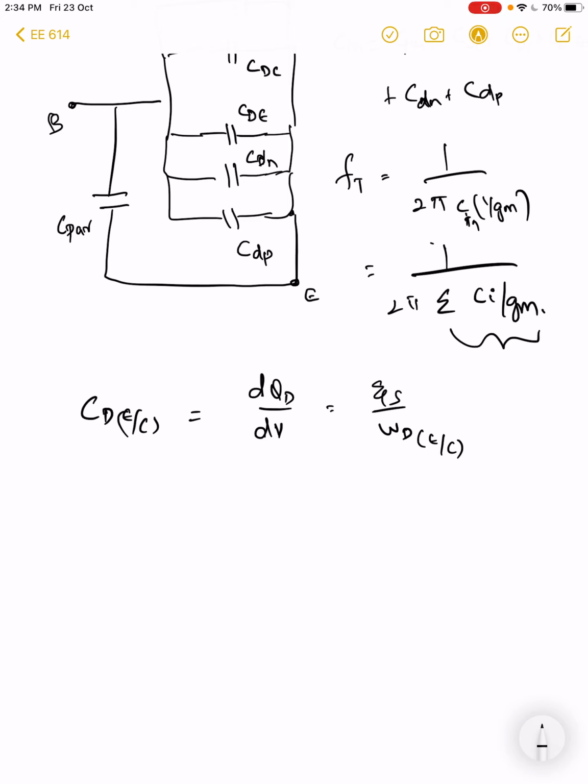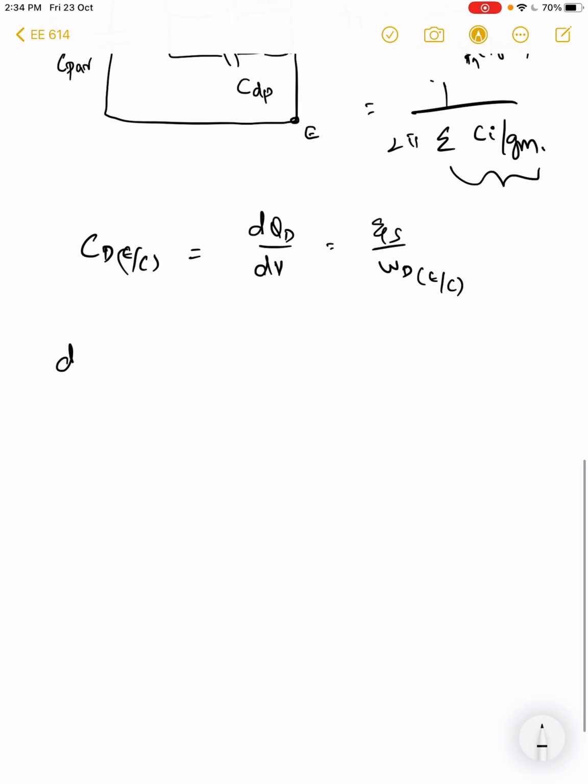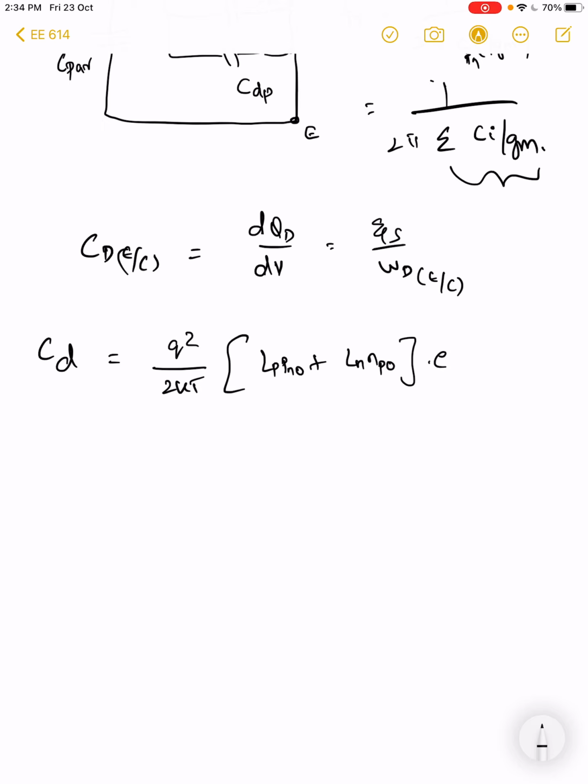We will not dwell much on this because we have seen it a lot previously. We also know about the diffusion capacitance, and the total diffusion capacitance turns out to be q square by 2 kT times Lp pn naught plus Ln np naught, e power qVBE by kT. So this is the total capacitance.